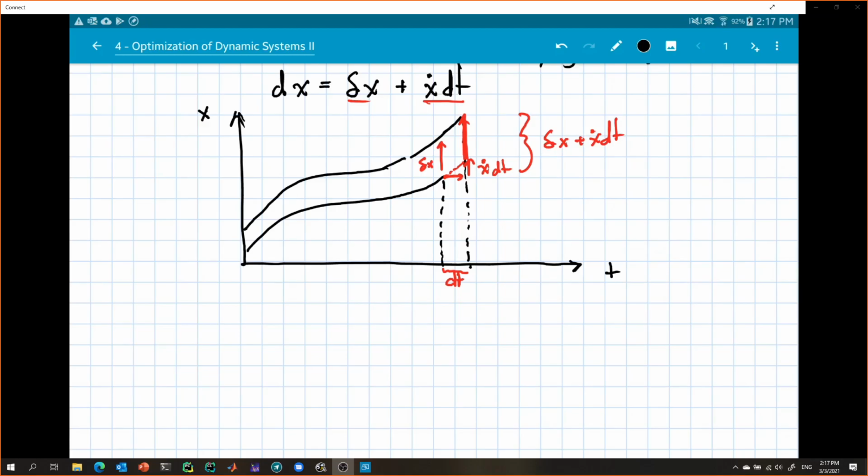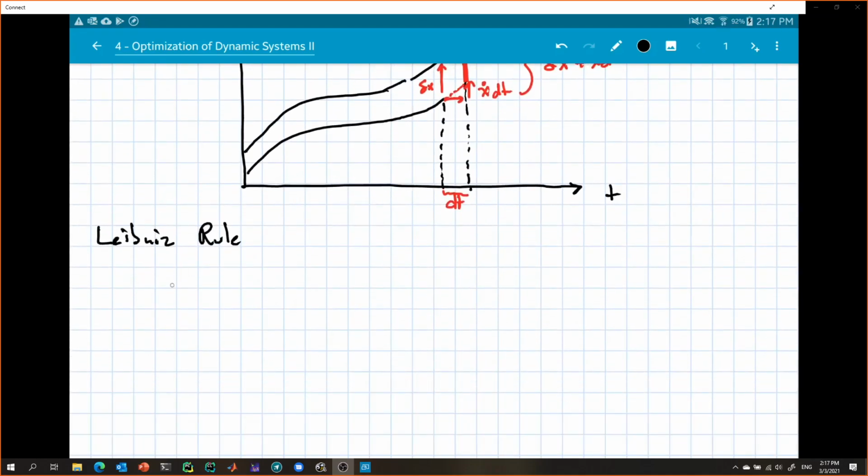So before we proceed to the rest of the derivation, I'm going to revisit Leibniz's rule, so we have it. And I think I'm writing this differently than I did last time, but it's the same thing. So we have some differential of an integral, some generic function f of t, x, dt.